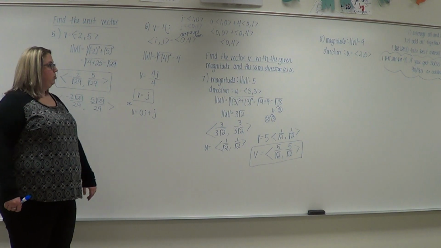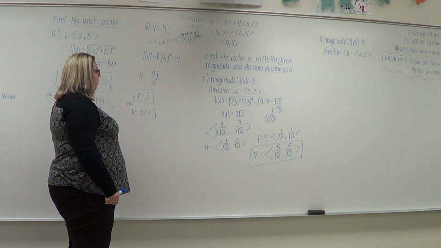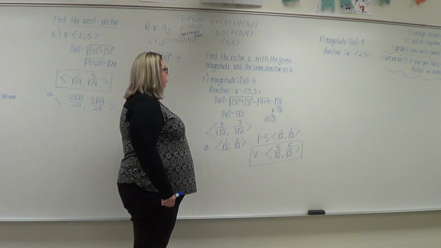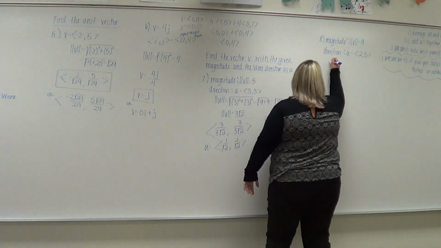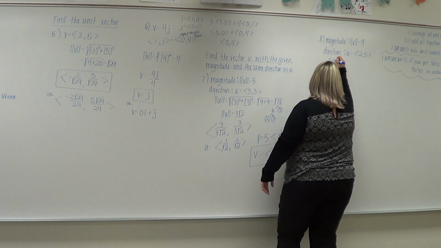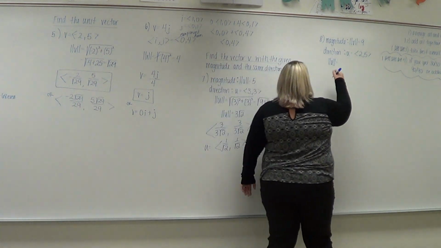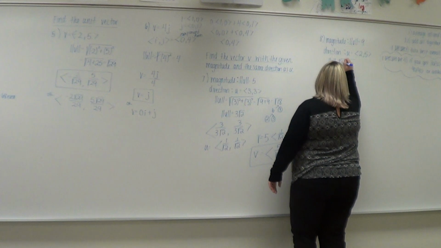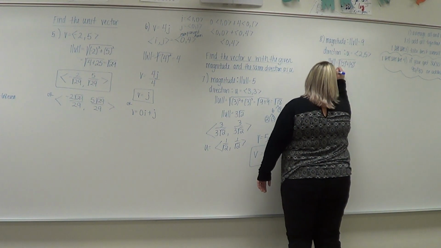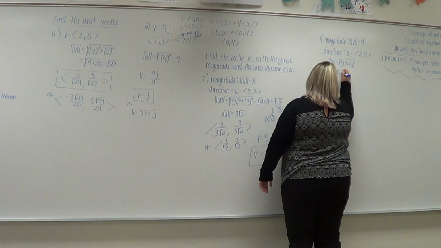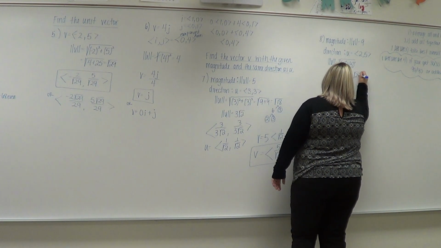So the first thing to do is find the unit vector for u. If I want to find my unit vector, it's my vector divided by the magnitude, so I have to find the magnitude of u. How would I find my magnitude? 2 squared plus 5 squared. Okay, so square root of 2 squared plus 5 squared. This would be the square root of 4 plus 25, square root of 29.